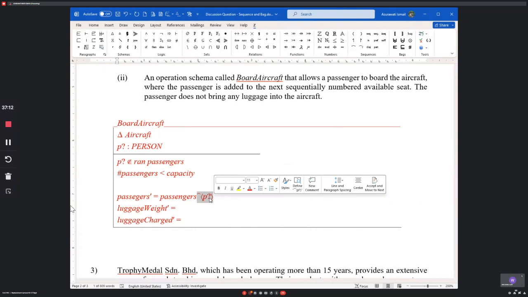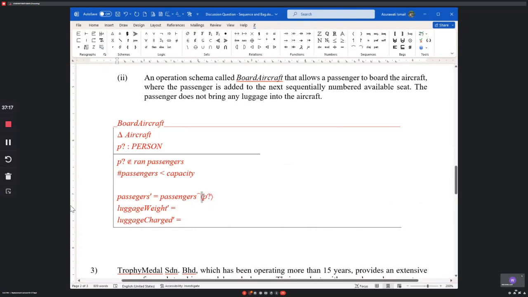To add to a sequence, you have to use angle brackets, which add numbering as the domain to our passenger here. From here, we will have the continuation of the numbering for this question.